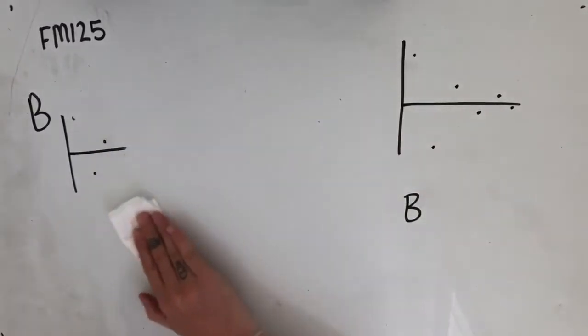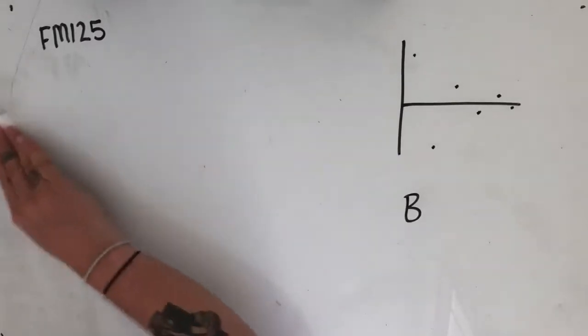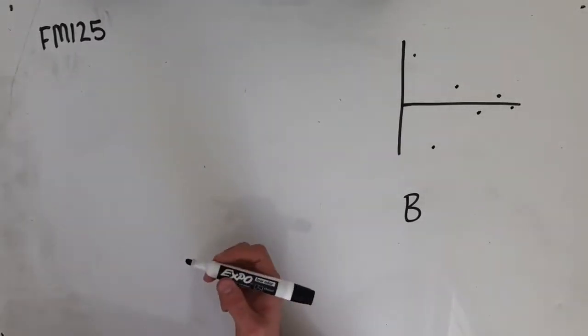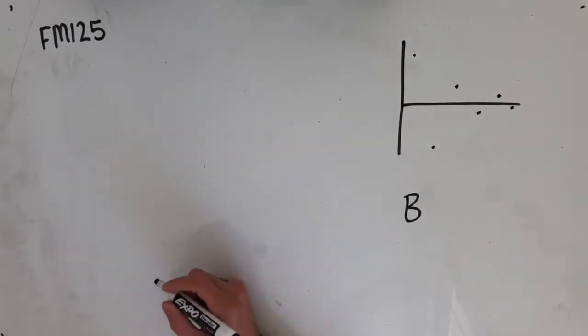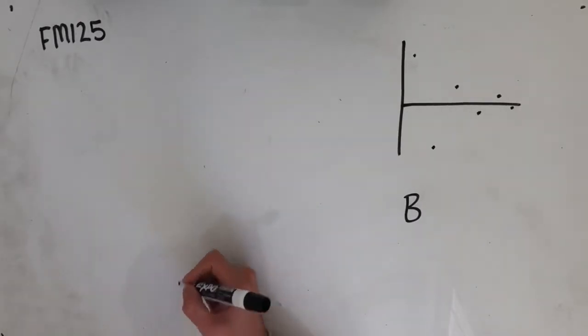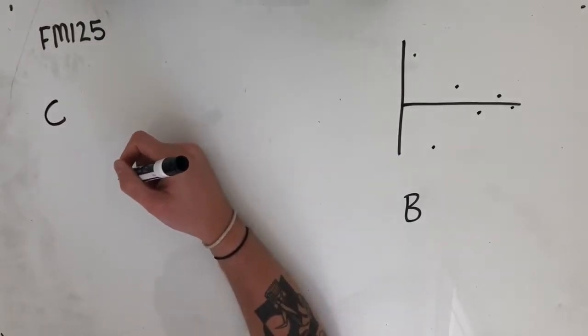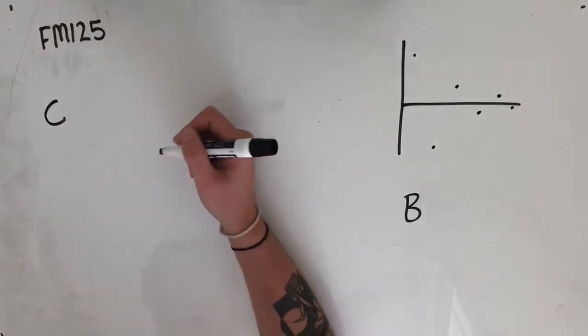But as is always important in multiple choice questions, we're going to test the other answers also, because we can do it quickly and we want to make sure that we are 100% right. So option C says geometric with common ratio R, where R is between 0 and 1.